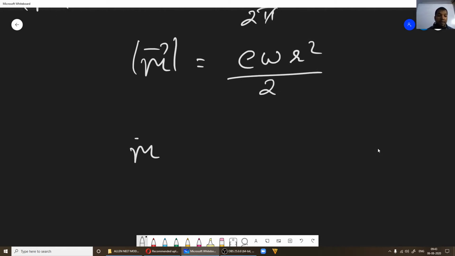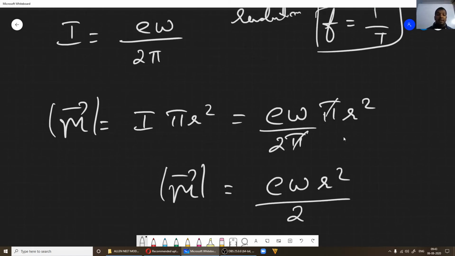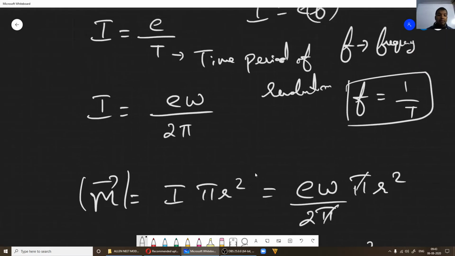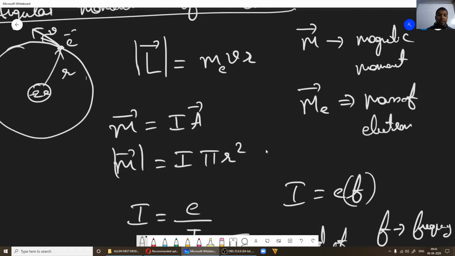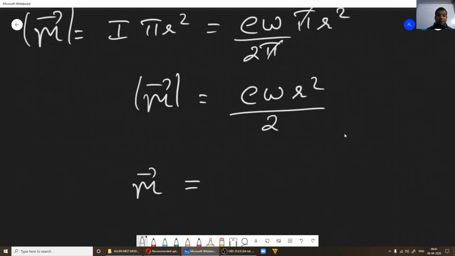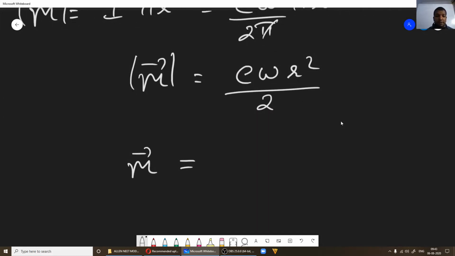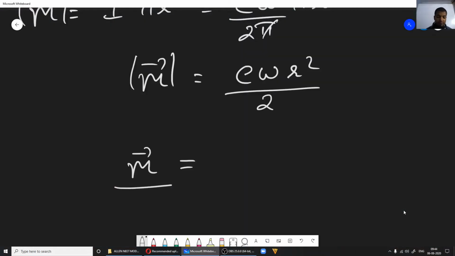Now let us try to express this magnetic moment in terms of the angular momentum, which we got as m_e v r. If you take the ratio of m to it, the above expression e omega r squared by 2, let us take it as e omega.